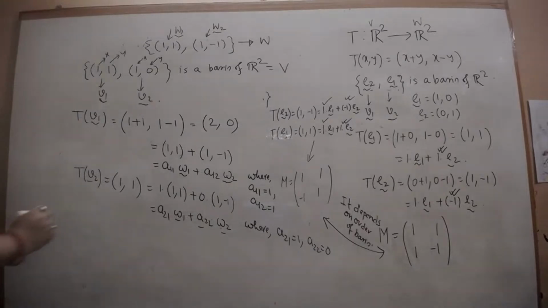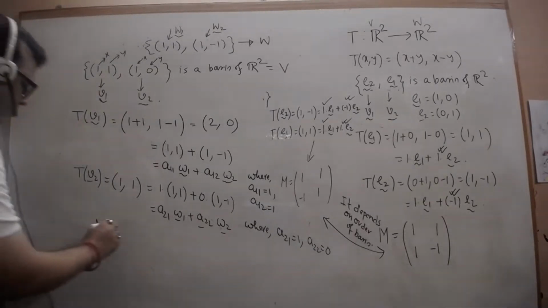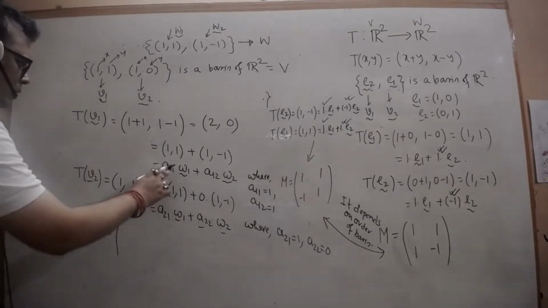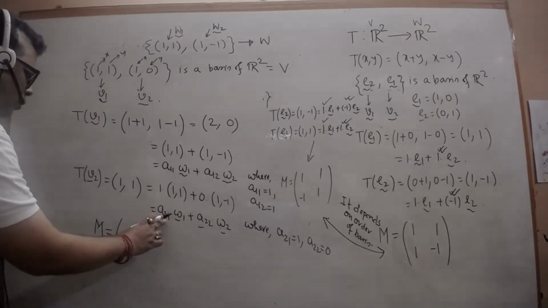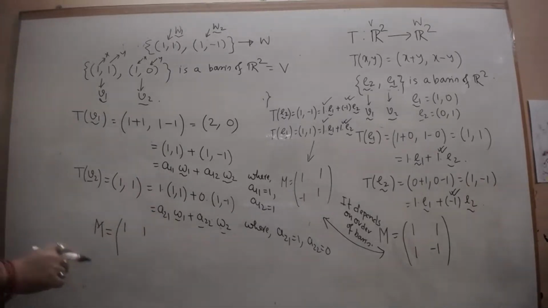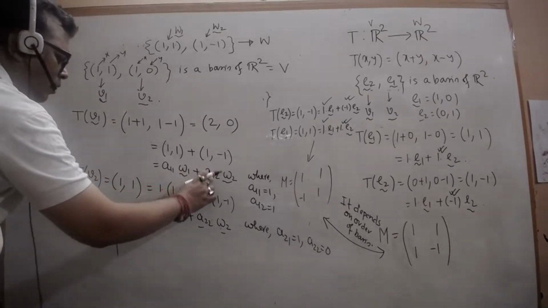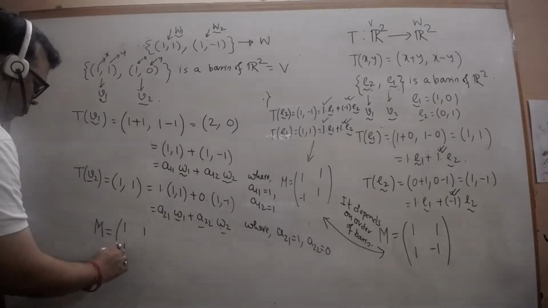So your associated matrix is, that is transpose, the first row is A11, A21, that means 1 1, and second row is A12, A22. That is 1 0.